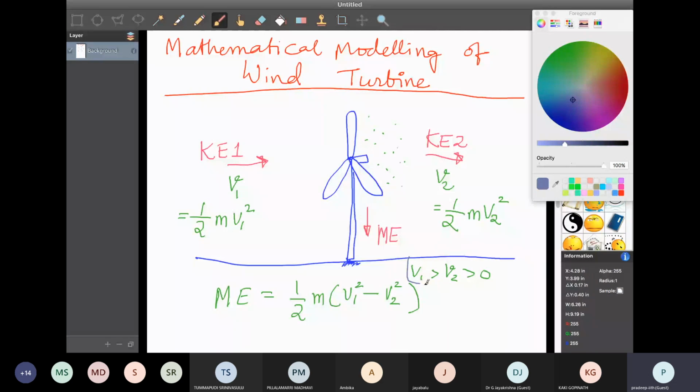The input velocity should be more than the output velocity, and V2 has to be more than 0, because if it is 0, there won't be further flow of wind. Then the question is, what is the optimal value of V2 such that I can generate the maximum mechanical energy? This is what we are going to analyze now.